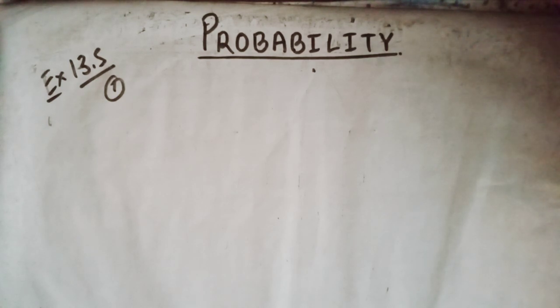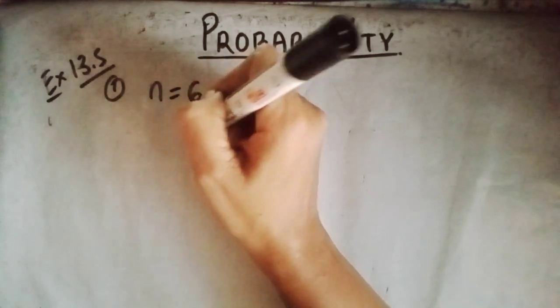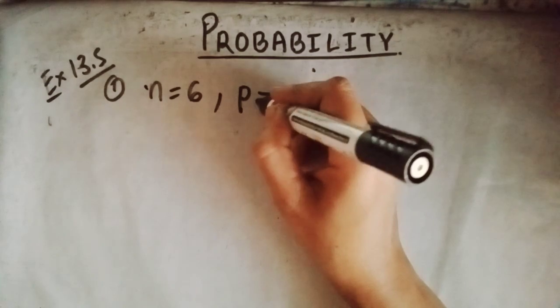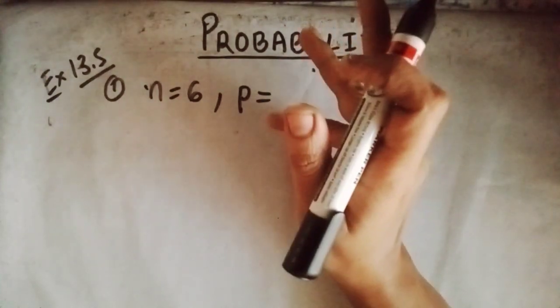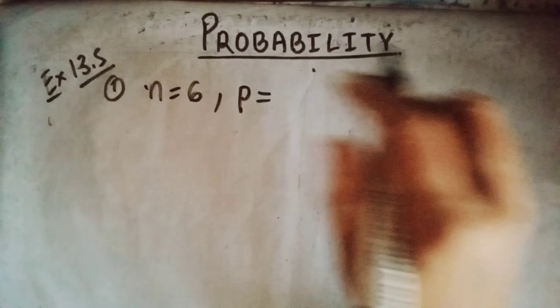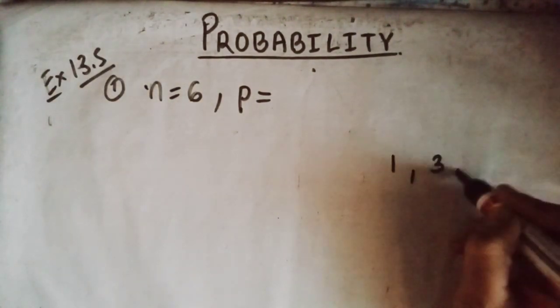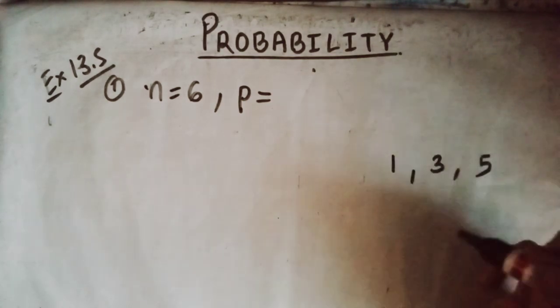So first you have to write what is n, then what is x. A die is thrown 6 times, so n is 6. The probability of getting a success, that is p, getting an odd number: whenever a die is thrown, you can get an odd number 1, 3 and 5, right?